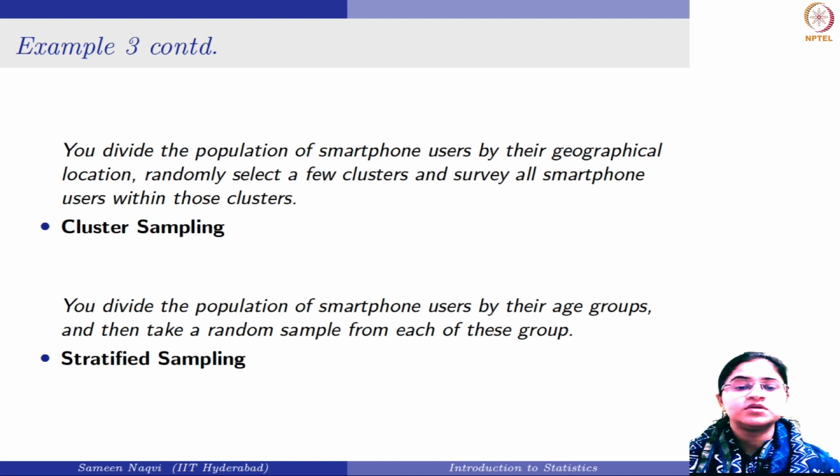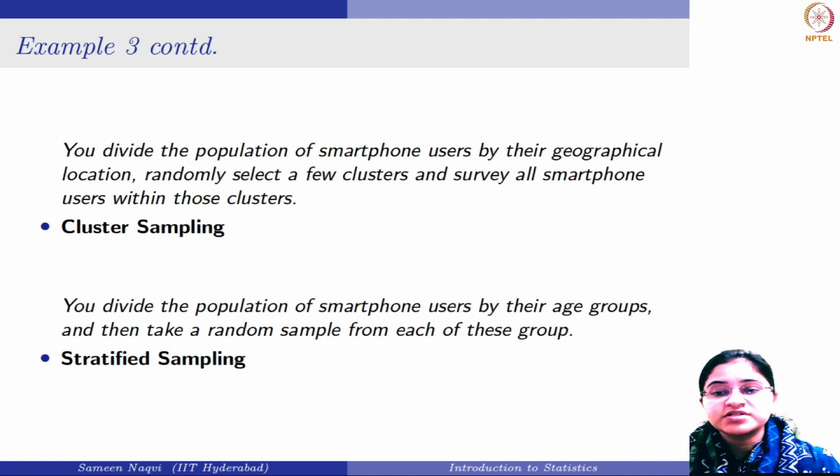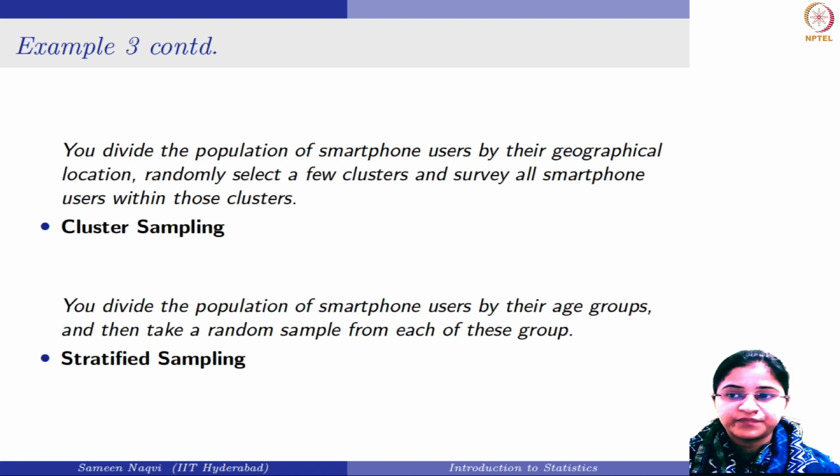So this example tells you how you can conduct the same study in different ways depending upon your requirement. Remember that cluster sampling is usually preferred when we do not have sufficient budget to visit each and every location, or you are interested rather in seeing the regional variation in app preferences, and not how it varies across demographics.